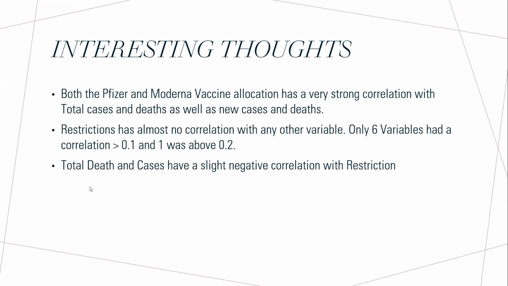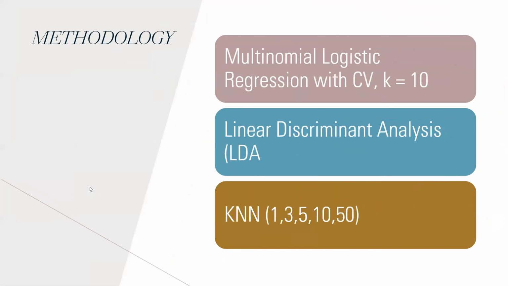So for the methodology, I chose basically 3, as I couldn't get QDA to work for some reason, probably some data frame issue. So I decided to focus on logistic regression, LDA, linear discriminant analysis, and KNN. For logistic regression, I used multinomial mainly because I have 5 response classes.